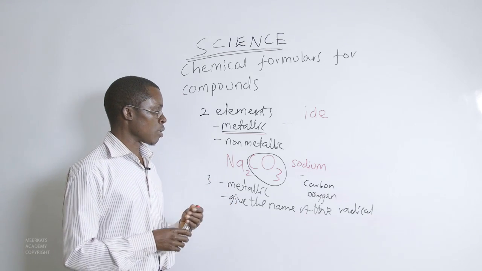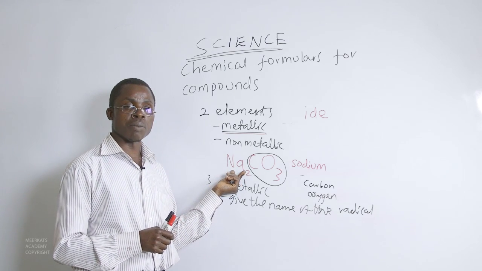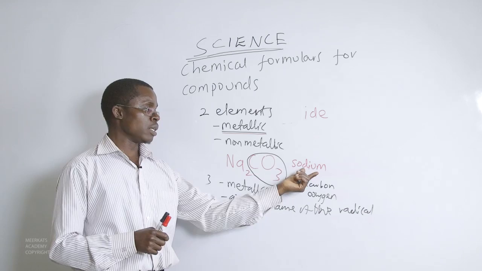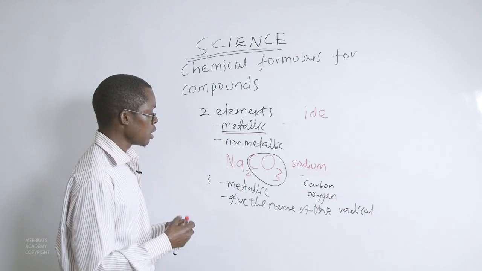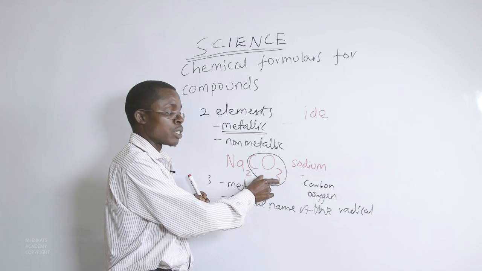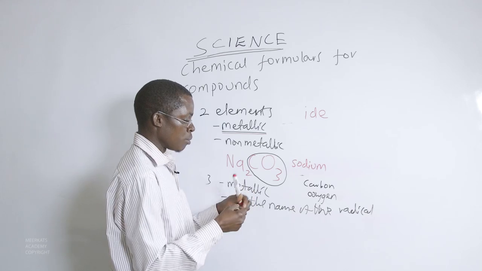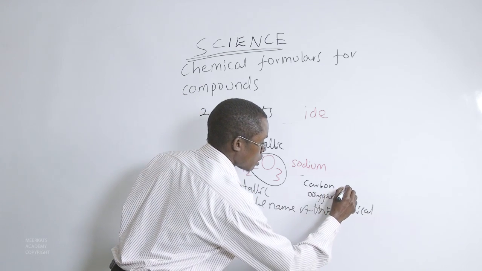Let's try this one. The first element here is sodium, which is the metallic element. We have done it, sodium. The second thing we have to do is identify which type of radical this is. And the type of radical in that case is carbonate. So the radical is carbonate.